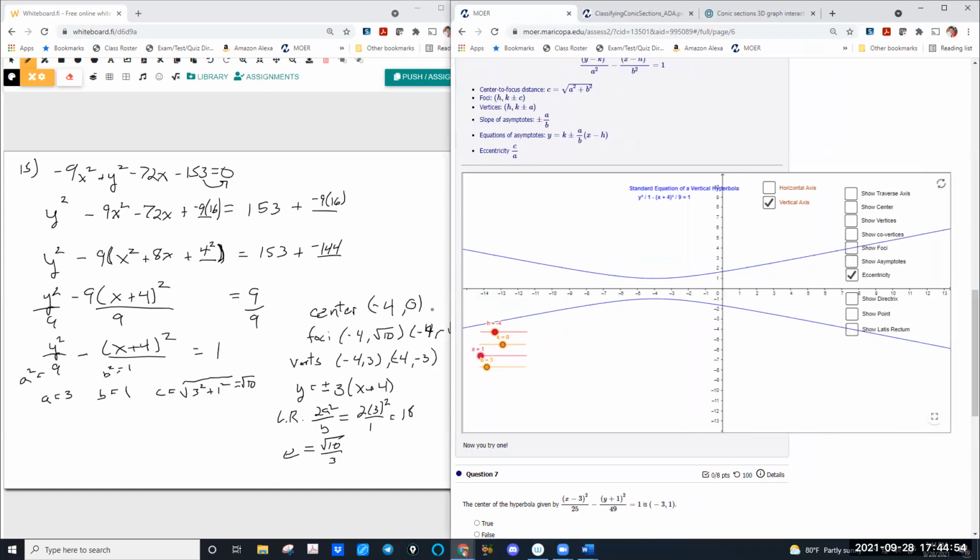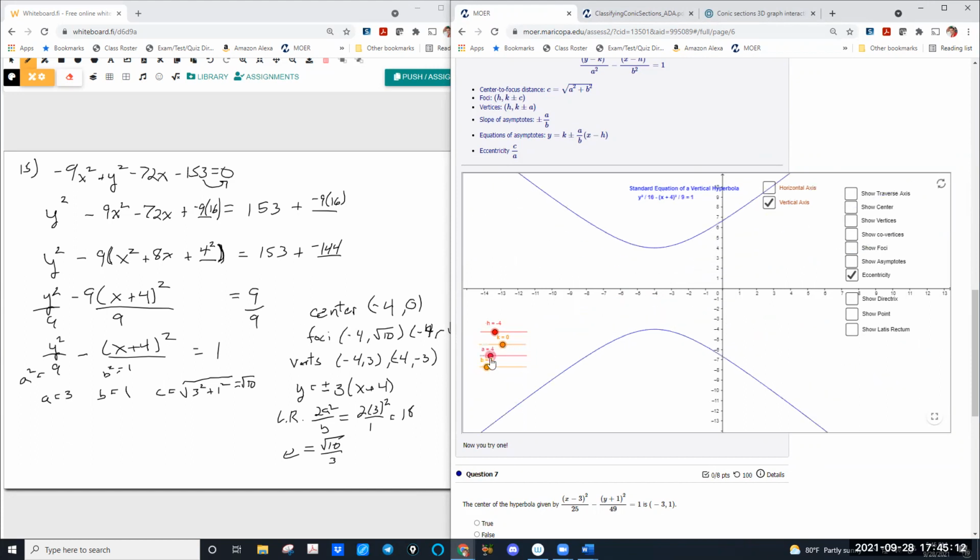But here's what I want you to notice. With a being 3, we get root 10 over 3. Now watch what happens as I increase. I have these backwards, don't I? There we go. That looks better.